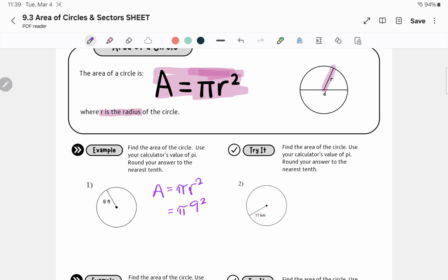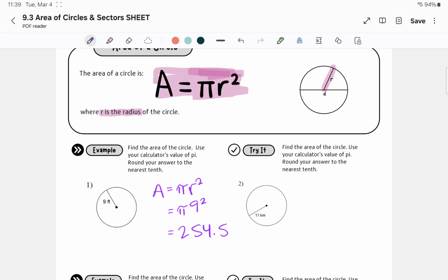So we're going to put in first pi, right? Pi does not change. Pi times, and then 9 squared could be 9 times 9. So you could put it in that way, which is 81. So you should get 254 point, and to the nearest tenth, 0.46 rounds to 0.5. Or you can hit clear and put in pi times 9, and then there's a square key.